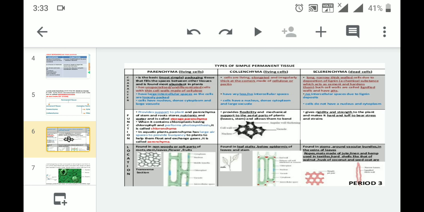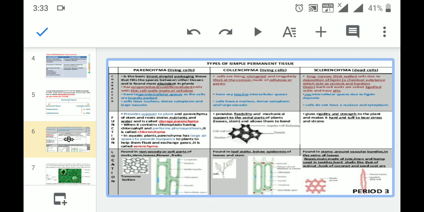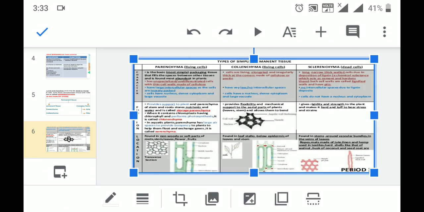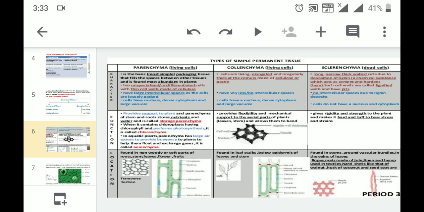Whereas in case of sclerenchyma, long, narrow, thick-walled cells are present due to the deposition of lignin. Lignin is a chemical substance which acts as a cementing material and hardens them. Such cell walls are called lignified cell walls.